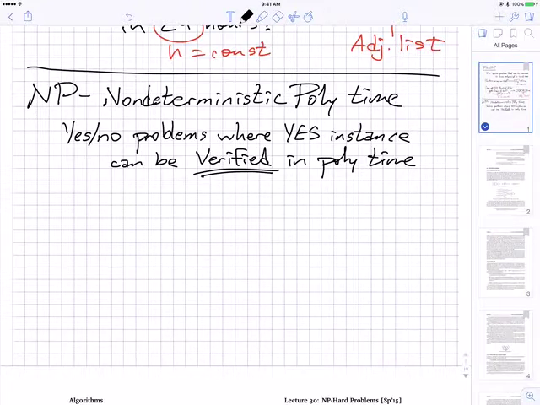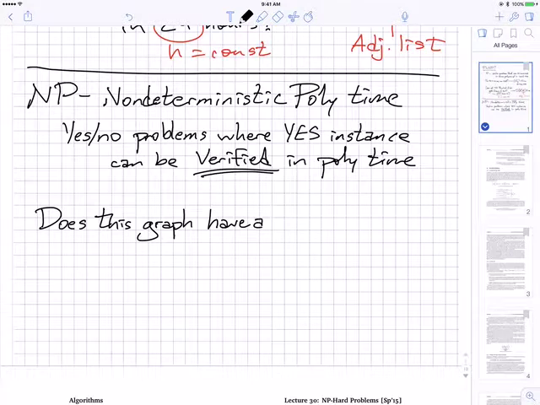But maybe something that is not so clear how you would solve it from scratch, for example, does this graph have a Hamiltonian cycle?